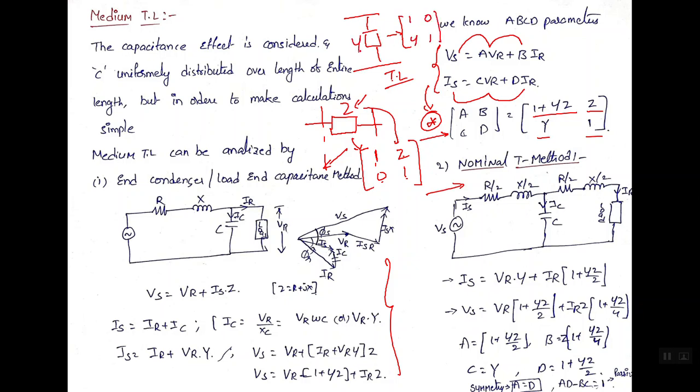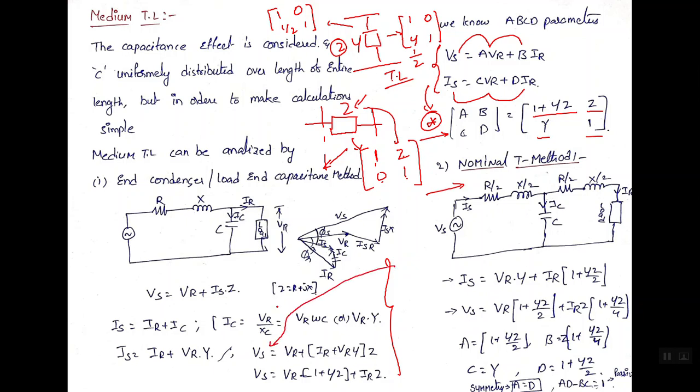If it is an impedance Z in parallel, we take 1 by Z in place of Y, so we get 1, 0, 1 by Z, 1.